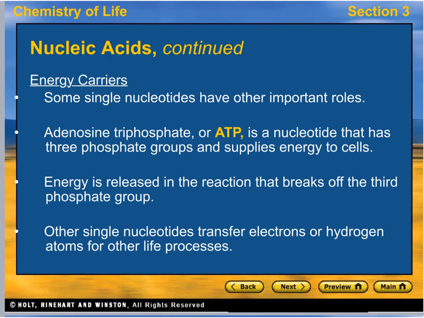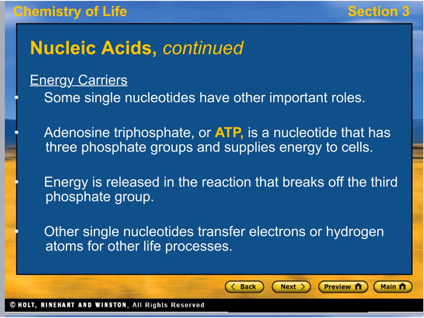We also have some single nucleotides that have other important roles. We have adenosine triphosphate, or ATP. This is something you'll see quite a bit this year. This is a nucleotide that has 3 phosphate groups, and it supplies energy to the cell. Energy that's released in the reaction is going to break off the 3rd phosphate group, because a triphosphate has 3 phosphate groups.